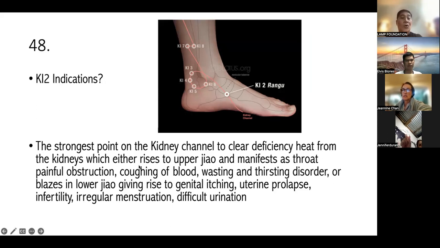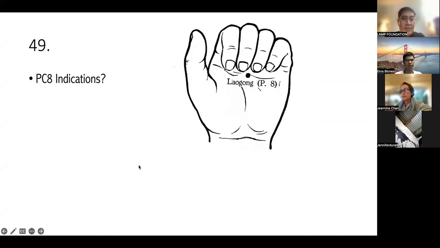Usually yung mga walang coating yung tongue, pula na. So meron silang deficiency heat from the kidneys. Kasi pag masyadong mainit, umaakyat po siya sa upper jaw. Kaya nagkakaroon ng throat issues. Minsan coughing of blood, hemoptysis, or nagkakaroon ng wasting and thirsting disorder. Okay? So I hope all of you got that.